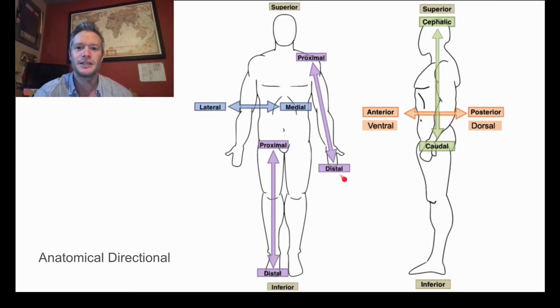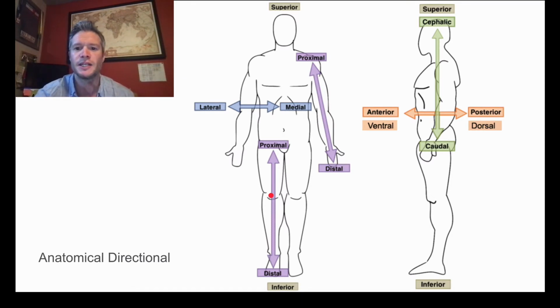We can use certain words to describe directions on our bodies. We'll just go through them. They're color-coded for us, so we can do that in a particular order. Looking at this figure, that person's facing towards us, so that's an anterior view. But we can choose landmarks on the body and say aspects are in different orientations to them.